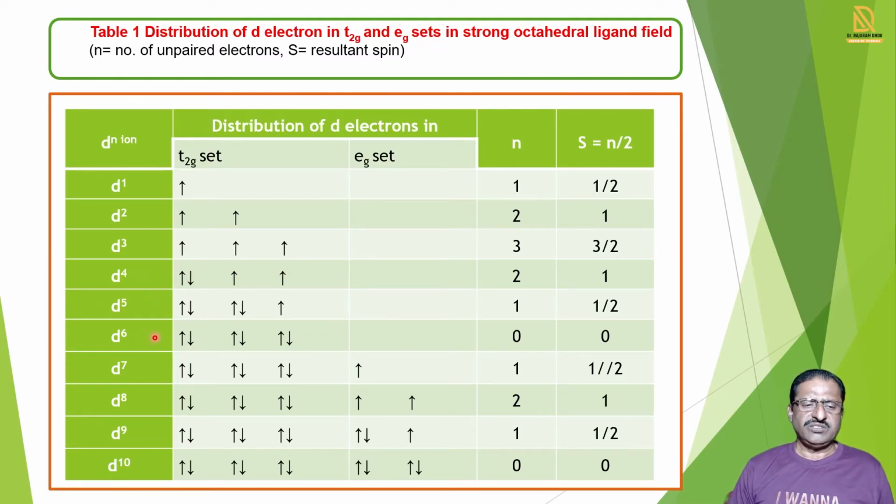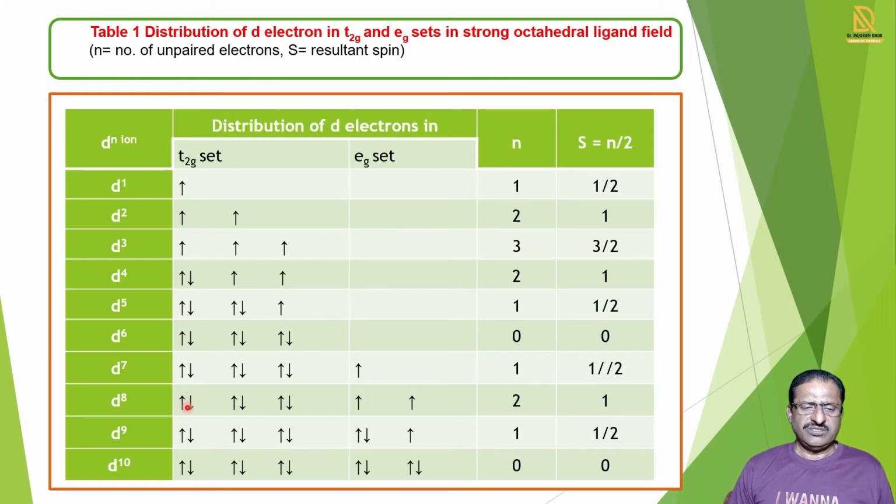In d5, three electrons are singly filled and the remaining two are paired. In d6, three electrons are singly filled and then three electrons pair with the previous three. In d7, three electrons are singly filled in T2g, the remaining three are paired, and the seventh electron fills Eg.